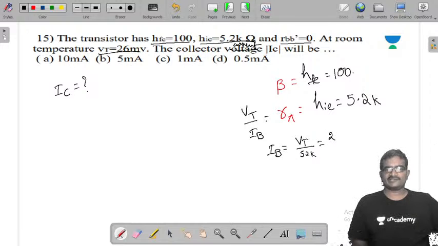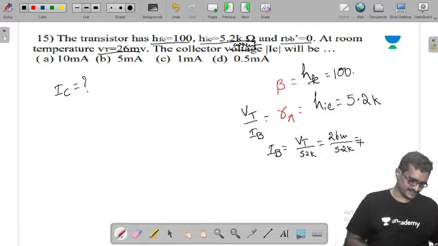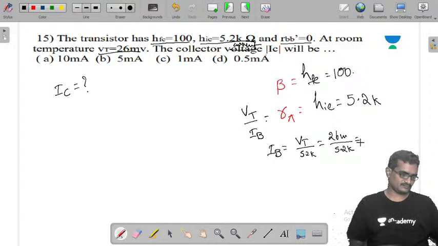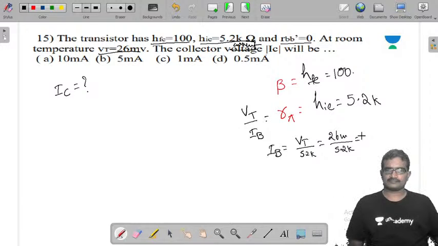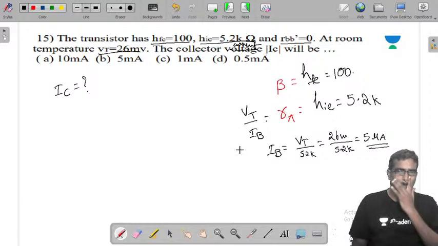Vt they gave 26 milli by 5.2k. So 26 divided by 5.2, that is 5 microamps. That is the IB value.